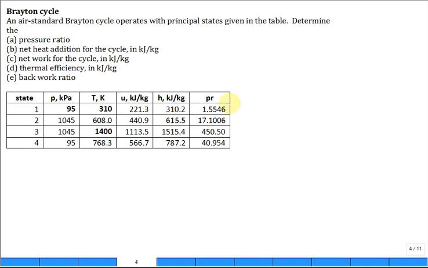Okay, here's all our states. Notice that they number our states, and looking at it, this is a low pressure, then it jumps up to the pressure at 2, which is the same as the pressure at 3. So it looks like our traditional numbering convention is used. So we have the compressor, followed by the burner, just call it a heat exchanger, followed by the turbine, followed by another heat exchanger to bring it full circle.